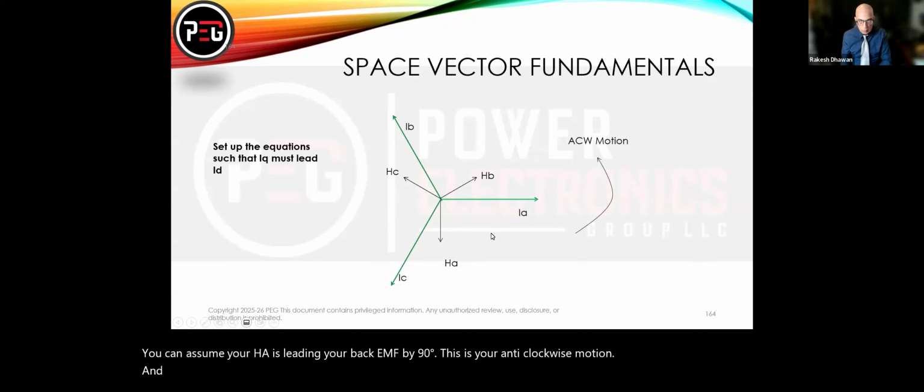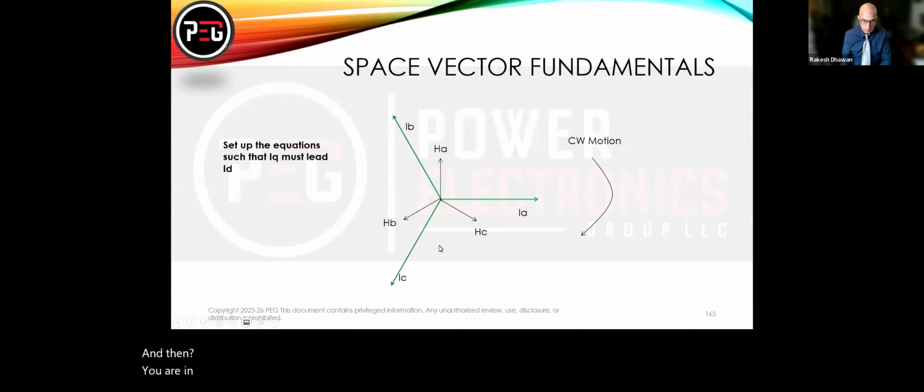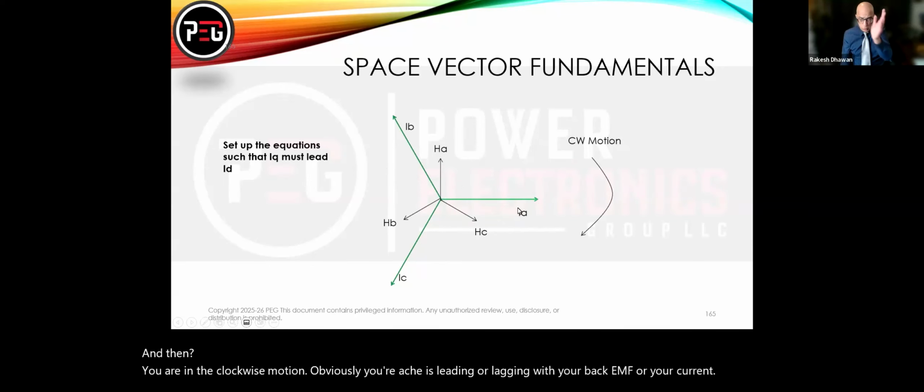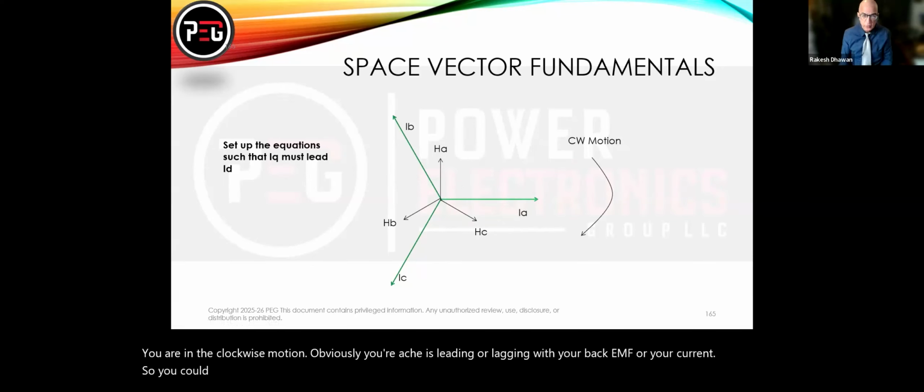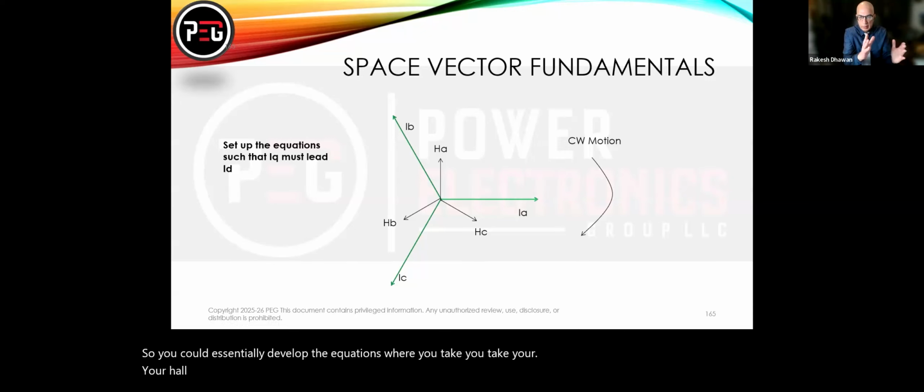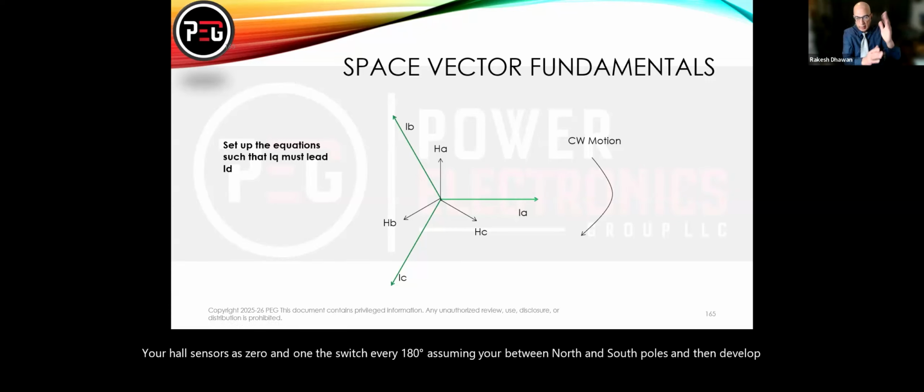And then in the clockwise motion, obviously your HA is leading or lagging your back EMF or your current. So you could essentially develop the equations where you take your Hall sensors as 0 and 1. They switch every 180 degrees, assuming you're between north and south poles, and then develop your equations from there.